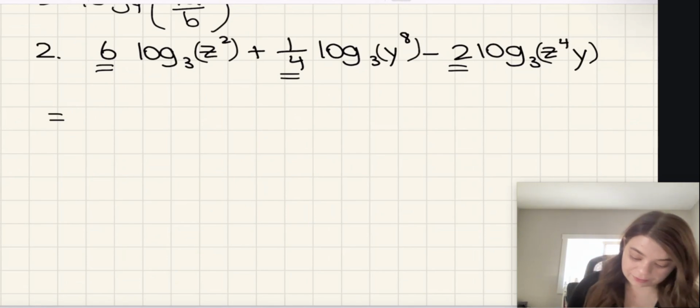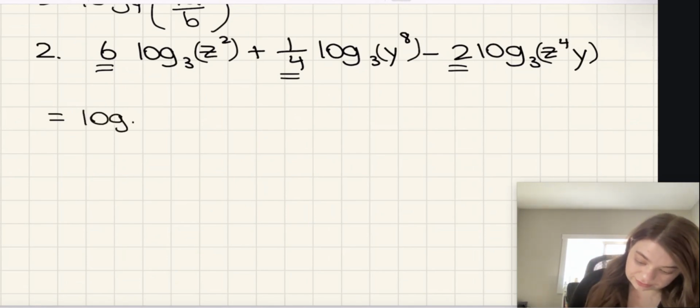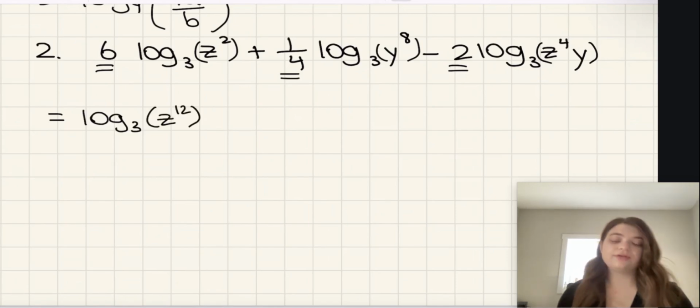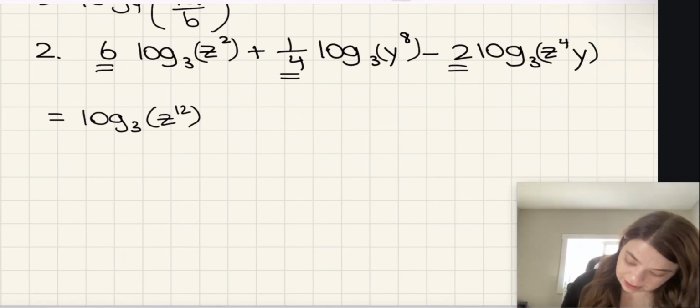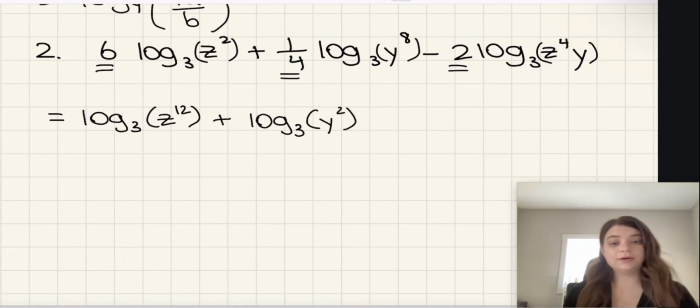Okay, so this next step we're going to get log with a base 3 of z to the power of 12, right? Because a reminder that when we have a power to a power, we multiply the powers. 6 times 2 is 12, so that's how we got that. Then for this next one, it's going to be plus log with a base 3 of y to the power of 2, right? Because 8 times 1/4 is just 8 over 4, which is 2.